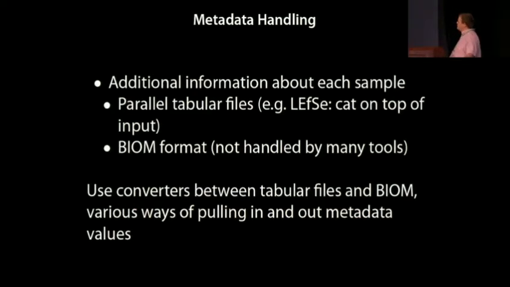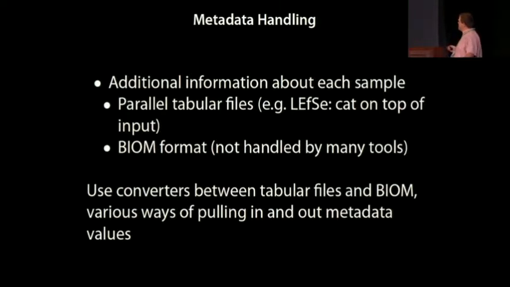One of the big issues with handling metagenomic data is that just having the raw counts or the raw abundances is not that useful. You often have a whole lot of additional metadata, such as where the sampling site was taken from, relation to other samples, and so forth.